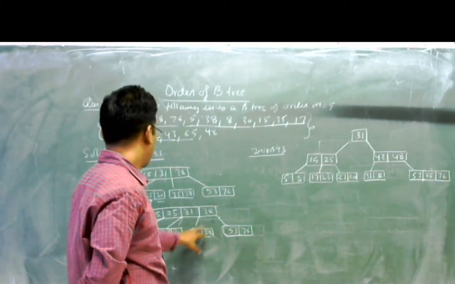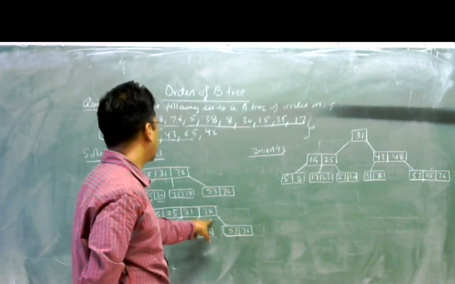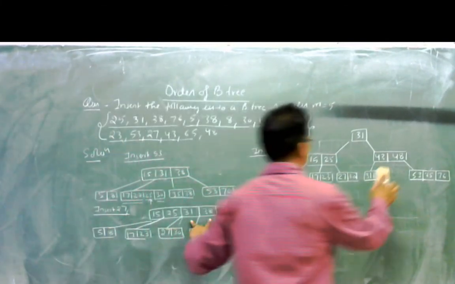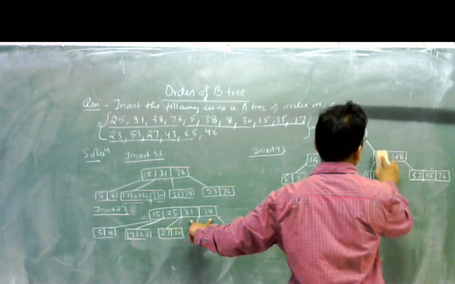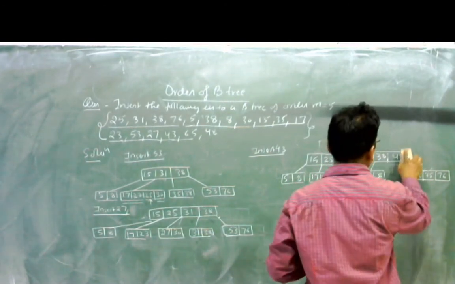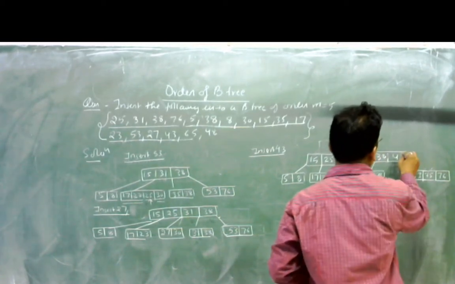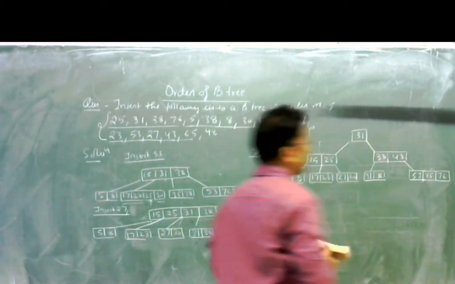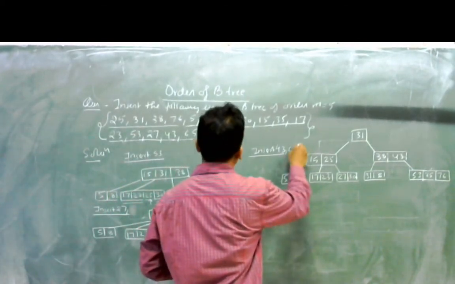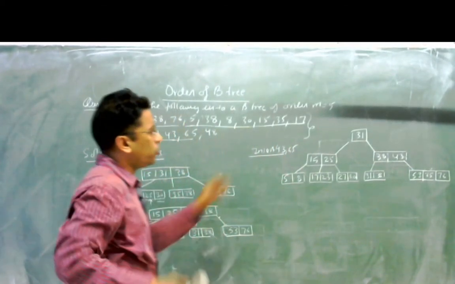After inserting, it is 31, 38, and 43. That element was 38 and 43, right?